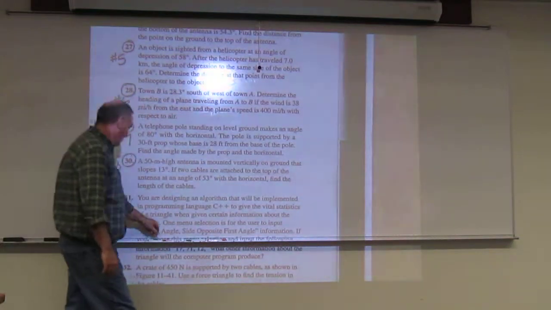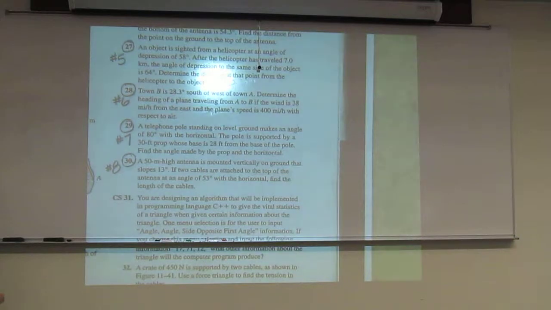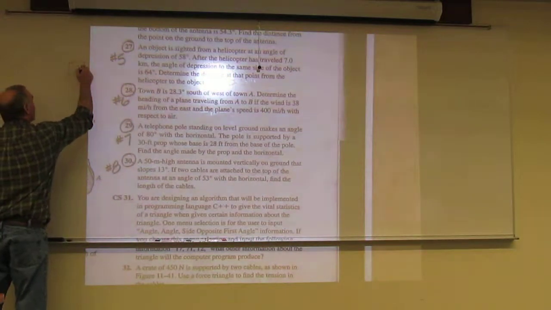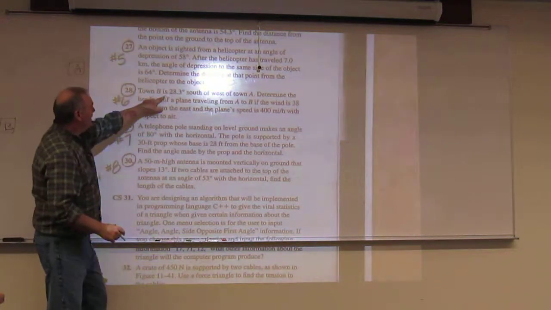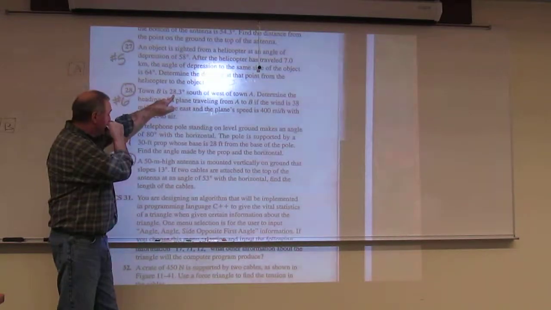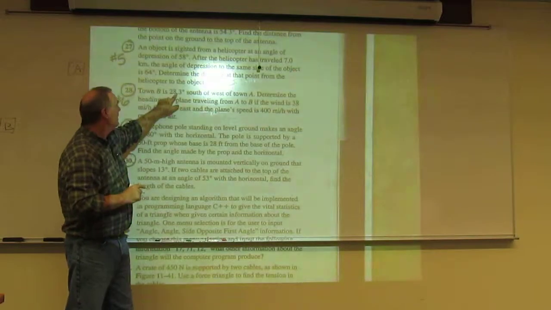Initially let's set up the scenario here. This happens every single day when a plane takes off, especially in southern Idaho. In essence, we have 2 towns. I have town A here, and town B down here. Now we're given the heading. We know town B is 28.3 south of west, so pay attention to the detail of how they tell you this.